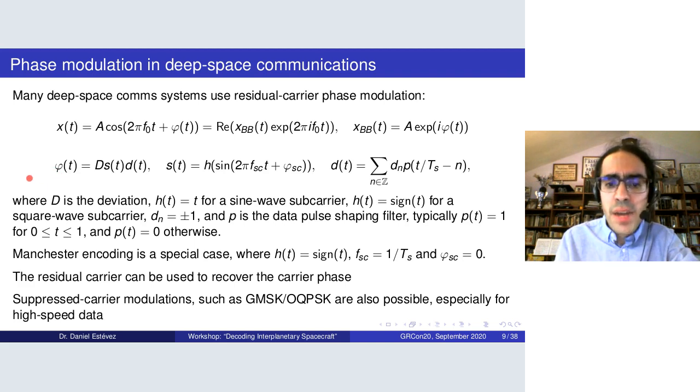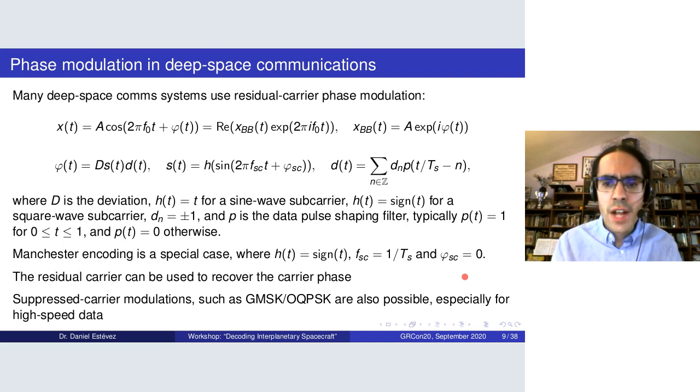And Manchester encoding is a special case of this. The way it works is, for a subcarrier frequency equal to the symbol rate, we have Manchester encoding. We'll see some pictures about it. The residual carrier, which is the spike you saw in the center of the spectrum, is used to help the receiver recover the carrier phase of the signal.